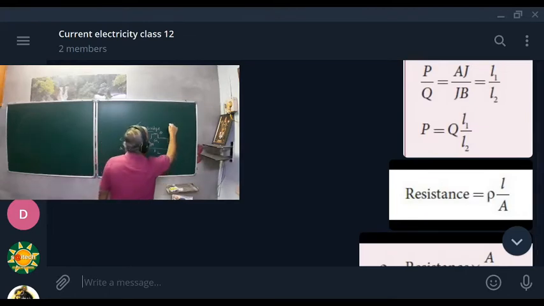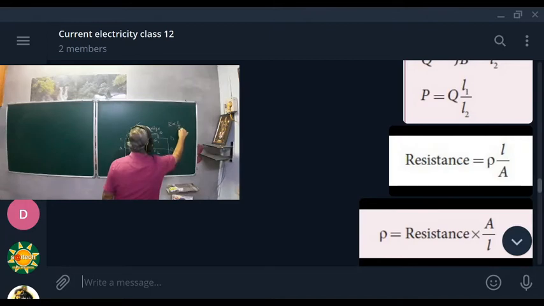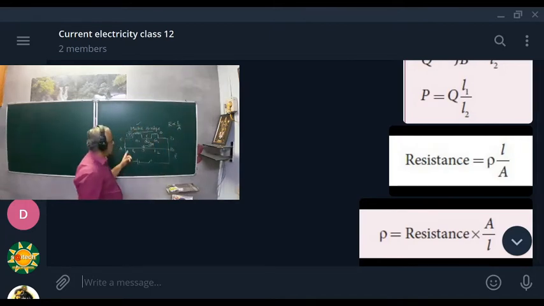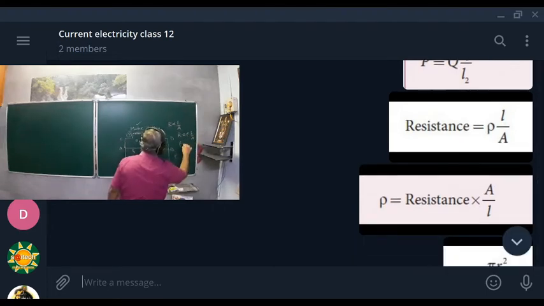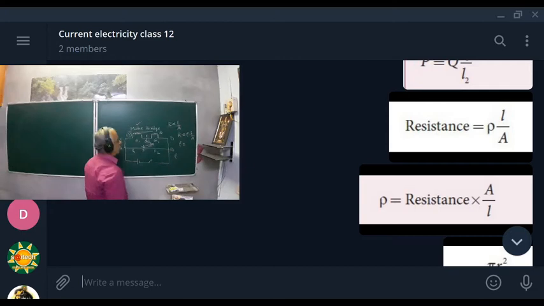We know already R is proportional to L by A, where A is the area of cross section of the cylindrical wire. If you remove the proportionality, R is equal to rho into L by A. Therefore we can find out the resistance of the given material also.